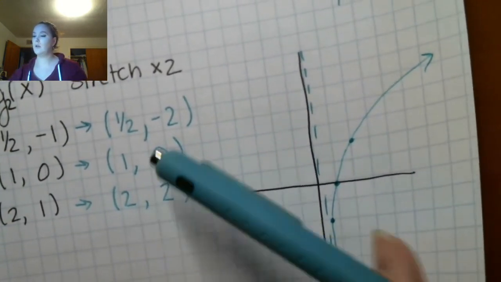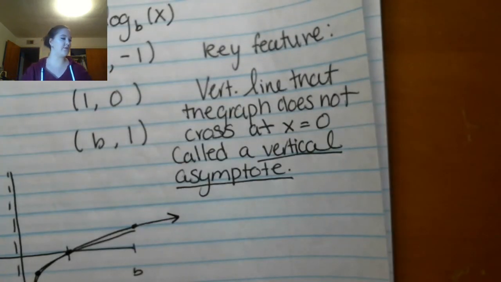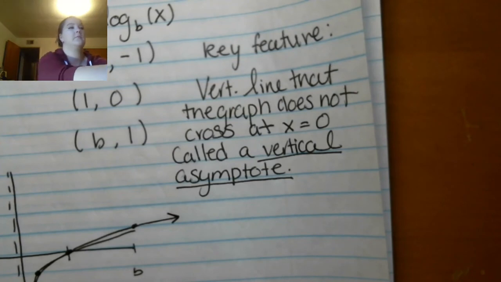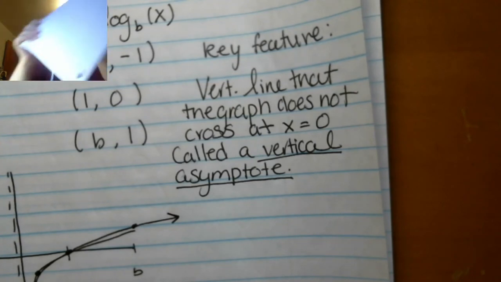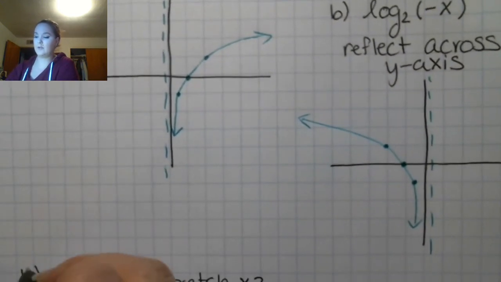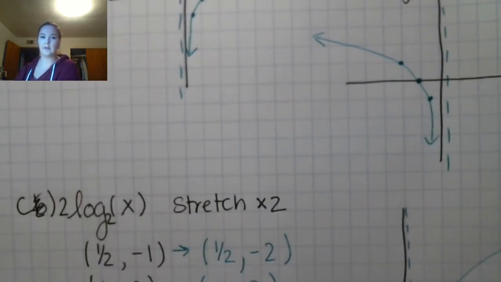A couple more reflections for this graph. Oh, I labeled that part C even though I already had part B, so this is really part C here.